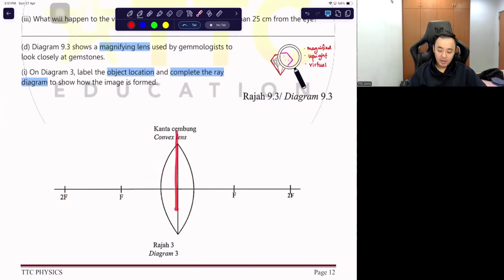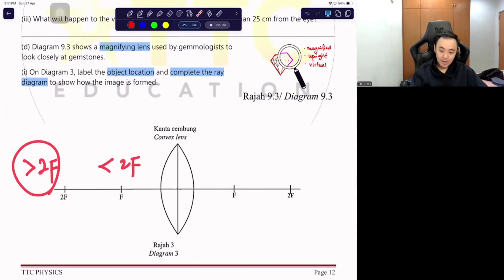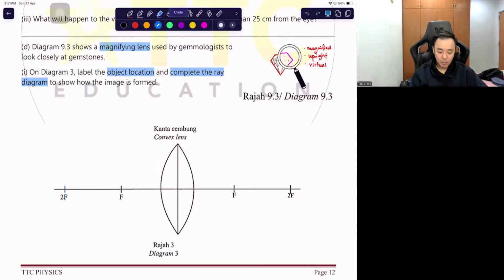So you see now, this is F and then 2F. This one after 2F, this part is more than 2F. You understand? Okay, this one is less than 2F. Oh, sorry, more than 2F here. This part. And then this one less than 2F. Got it? Okay. So, first of all, if I want magnified image, I must put my object over here.